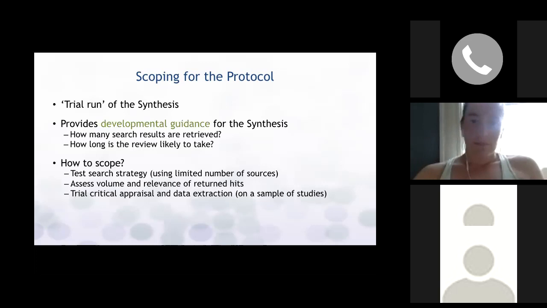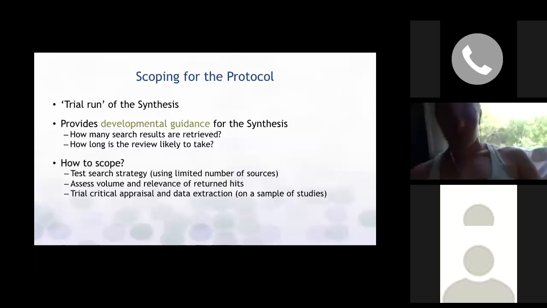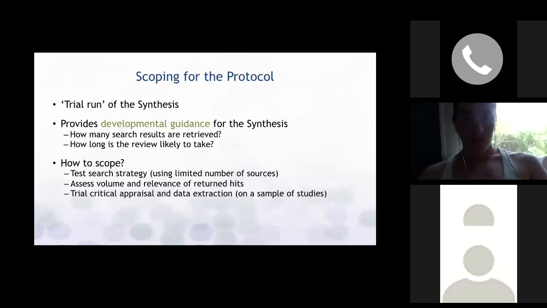Once you start to do some of the scoping where you know how many search results you're going to get, and what percent you think are going to be relevant, it tells you how much time it's going to take. They did a huge survey of basically anyone who's ever done a systematic review and asked them how much time it took, how many search results they got, how many people they had on their team, and the key, how much it cost, so that you can go through and be like, okay, can we actually do this, or are we going to run out of money halfway through or run out of time?